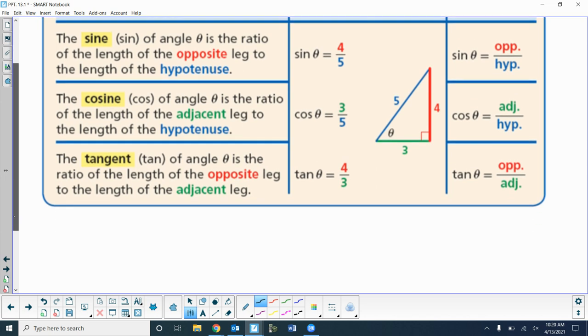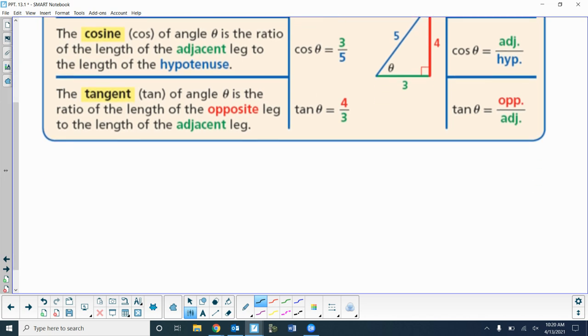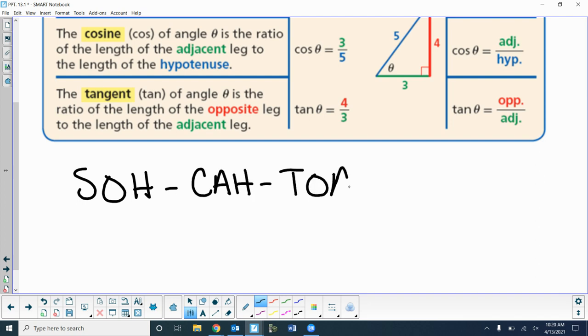So, there was this great mathematical Indian chief. His name was Soka. This is how you remember the trig ratio. So S is for sine, so O is for the opposite side, and H is for the hypotenuse.